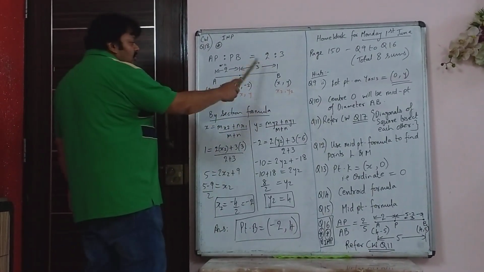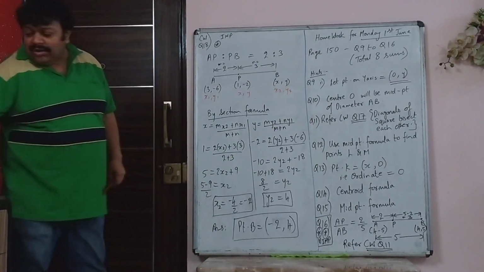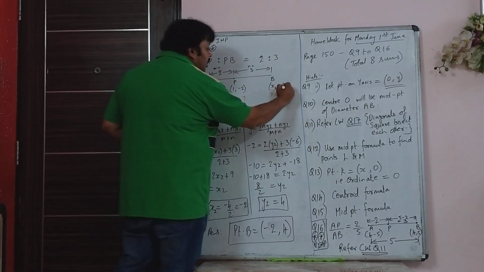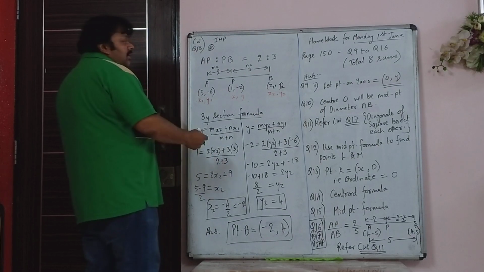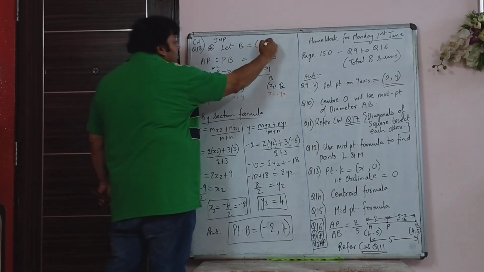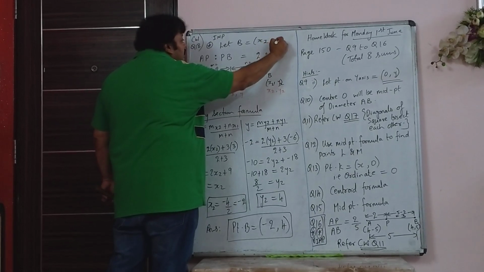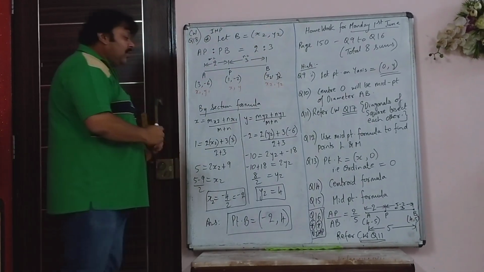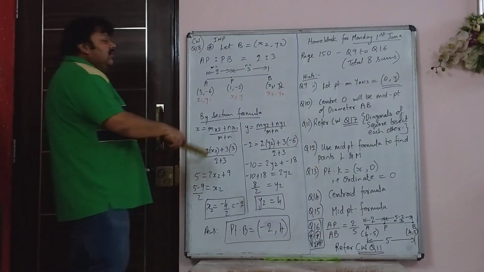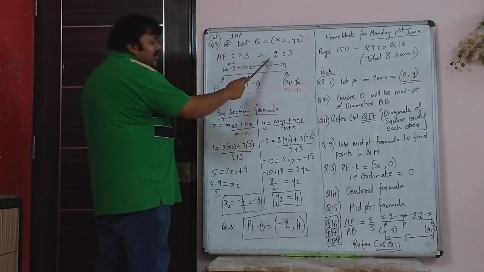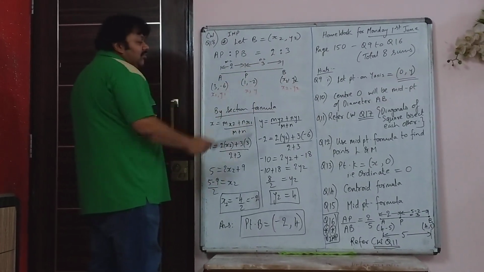So x2 is minus 2. And then you can name that point itself, instead of calling it x and y, you can call this x2, y2. And we can say let B be (x2, y2) in this case, because that is a part of the section formula. And the same way you can say that y is (m y2 plus n y1) upon (m plus n).